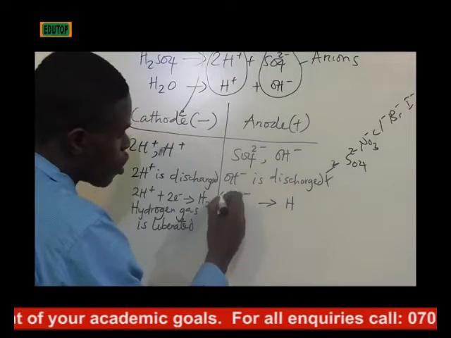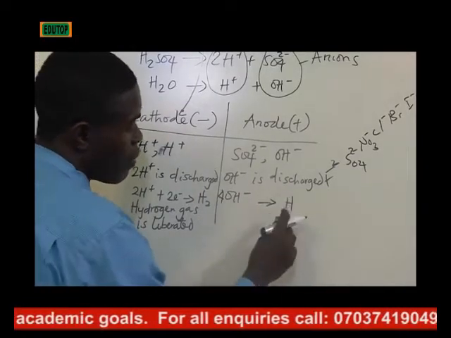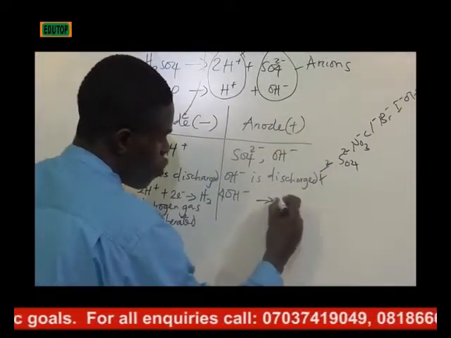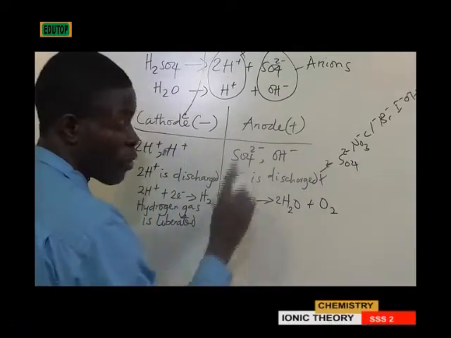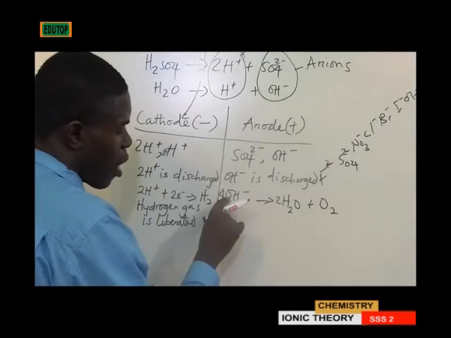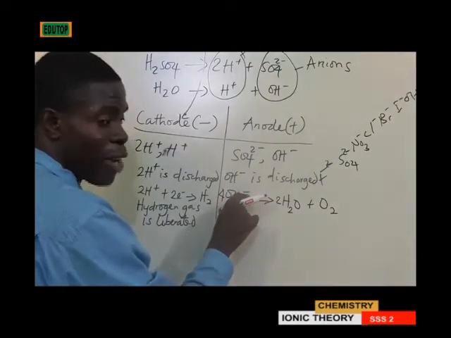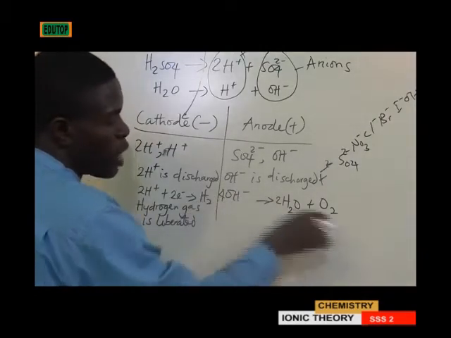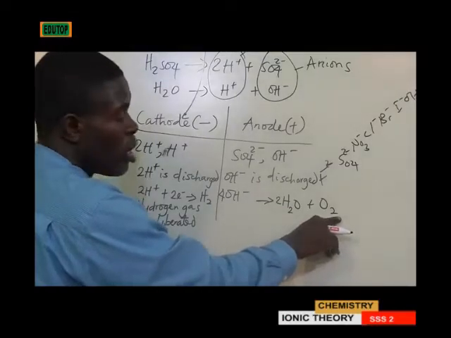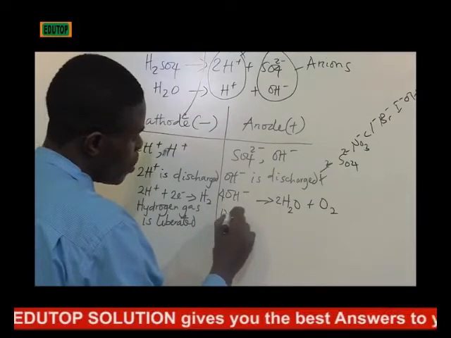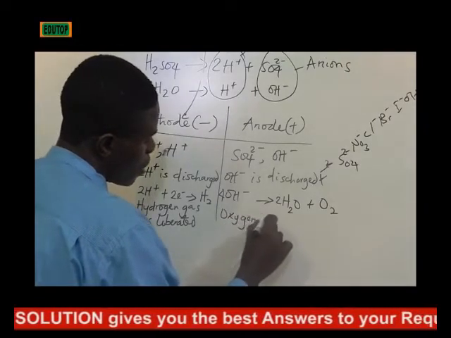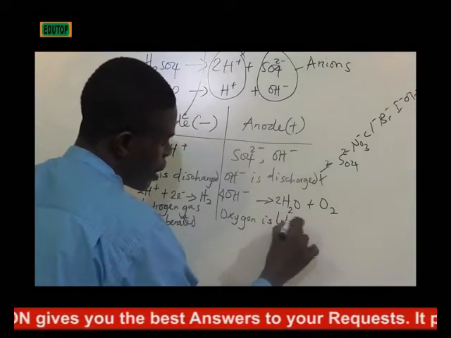So you have 4 moles of hydroxyl ion giving rise to 2 waters plus 2 oxygen. So this is a balance for this. For every 1 mole of hydroxyl ion, it has to be 4 moles that will give you the respective oxygen gas. So in that situation, oxygen is liberated.